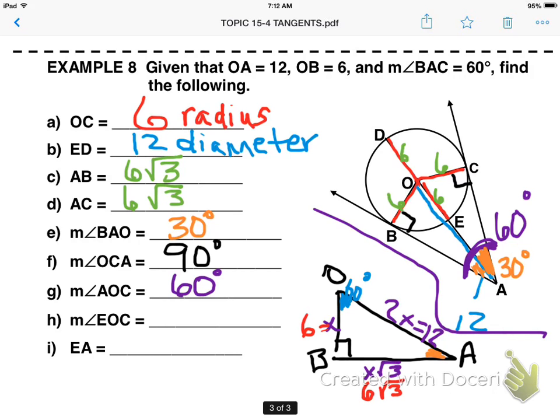The measure of angle EOC is also 60 degrees, it's the same one. And then last but not least, the distance from E to A, we talked about at the beginning of the example. We have a length of 6.